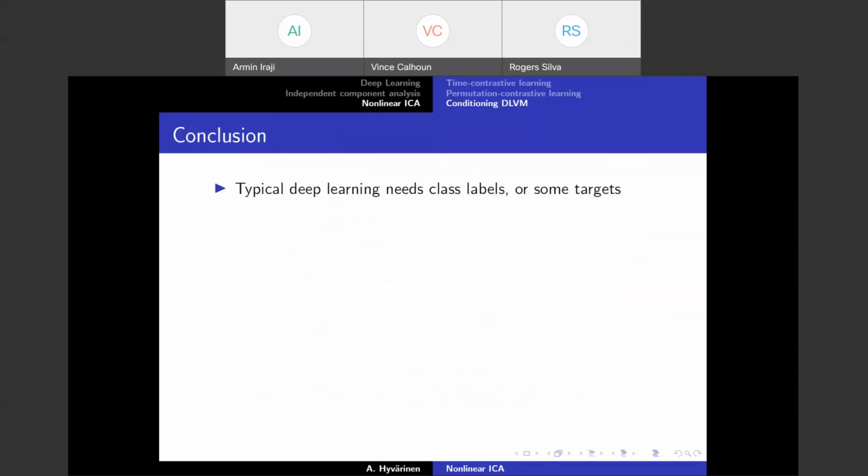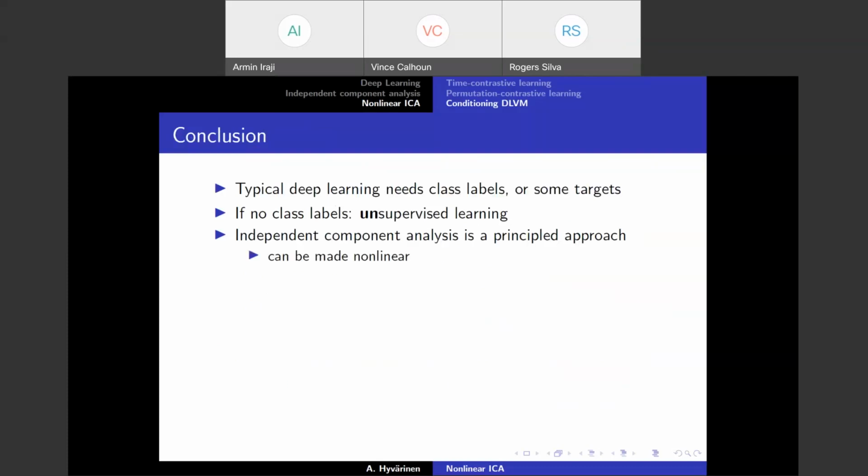Okay, so to conclude, typical deep learning is supervised and needs class labels or some other kinds of targets. If we have no class labels or perhaps very few of them, then we go into unsupervised learning. Independent component analysis is a principled approach for unsupervised learning, and it has been very successful in the linear case.